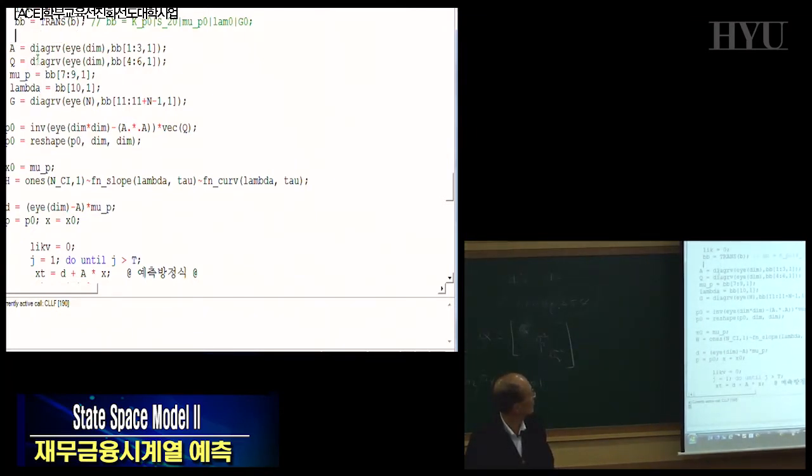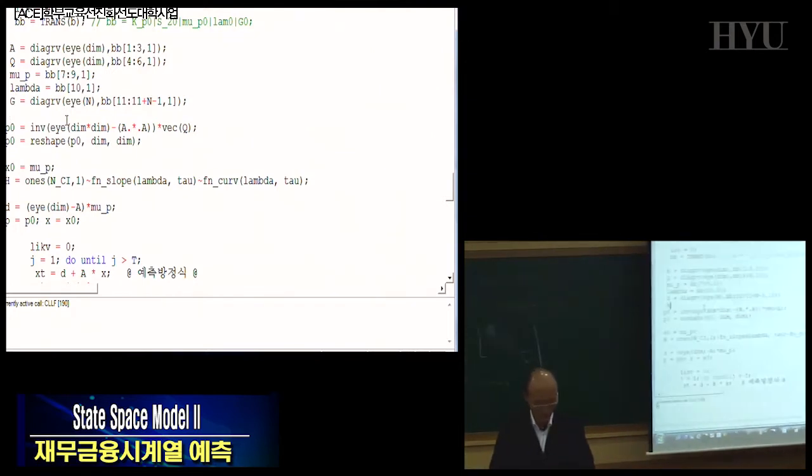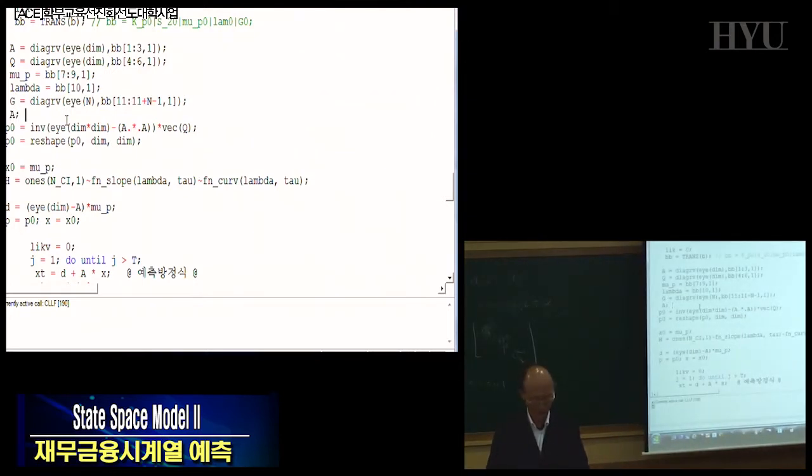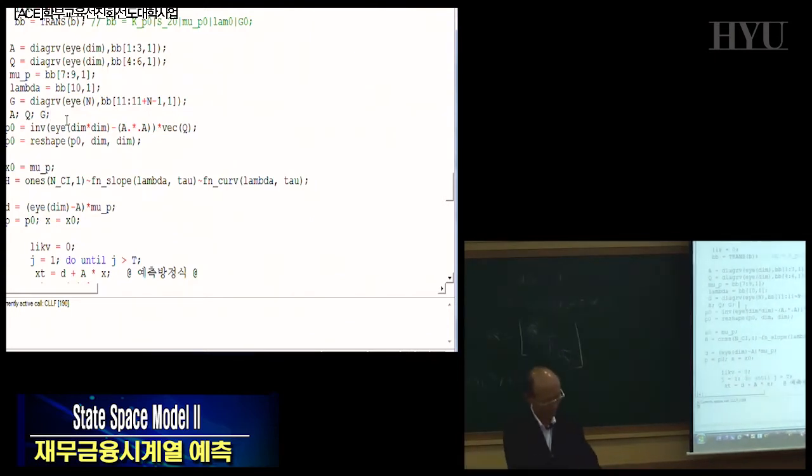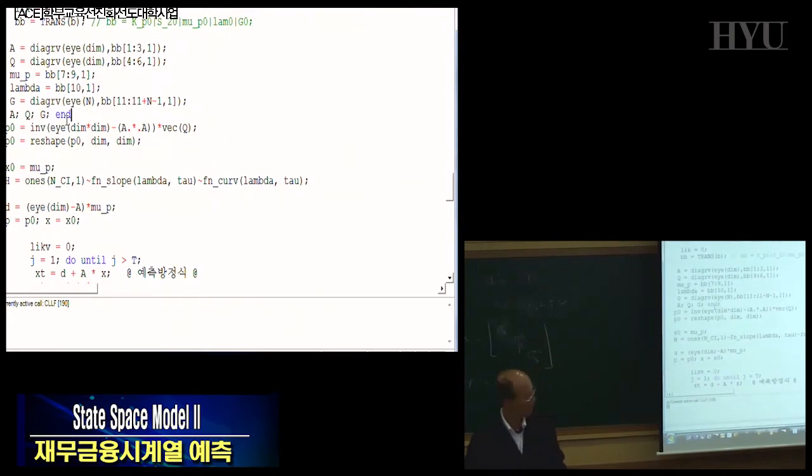Let's take a look at the A matrix. This is the coefficient matrix, the covariance matrix of the state vector, and this is the covariance matrix of the observation equation, or measurement equation. So let's take a look at the dimensions of A, Q, and G. And let's stop there.